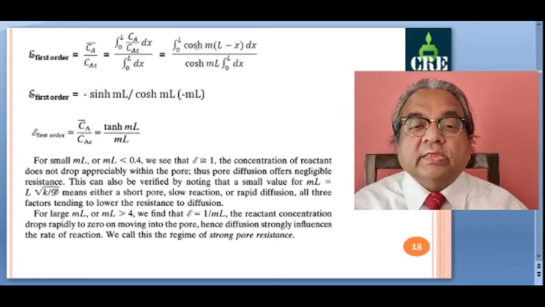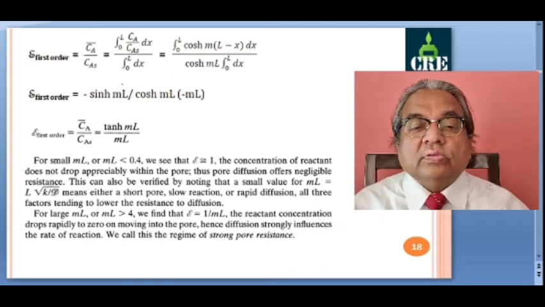If we integrate this, this is sine hyperbolic into 1 upon the derivative of this. So minus sign here, minus sine hyperbolic m(L minus x). So when you substitute x is equal to L, this is 0.